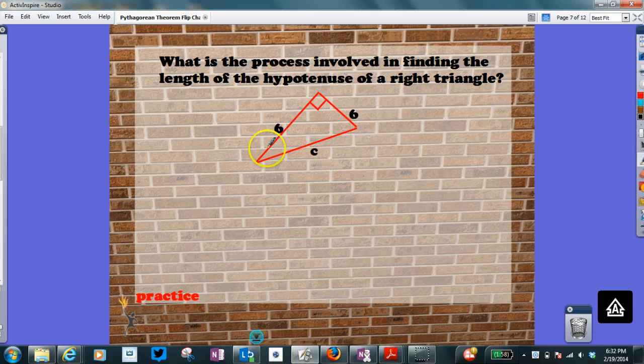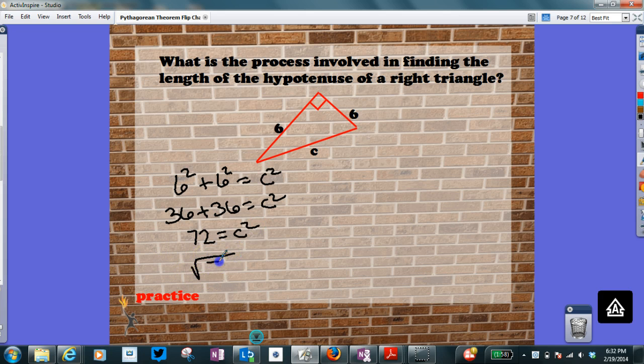Alright, as I look at this now, again, this is going to be 6 squared plus 6 squared, because I'm still looking for the hypotenuse, equals C squared. 6 squared, 36, plus 36 equals C squared. Again, 36 plus 36, you're going to get 72. 72 equals C squared. Remember, don't forget that last step.